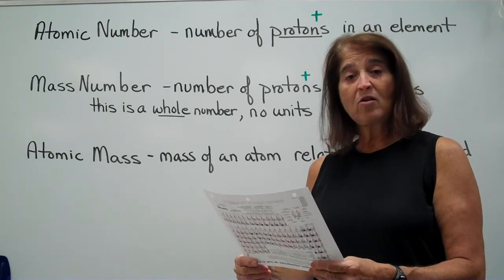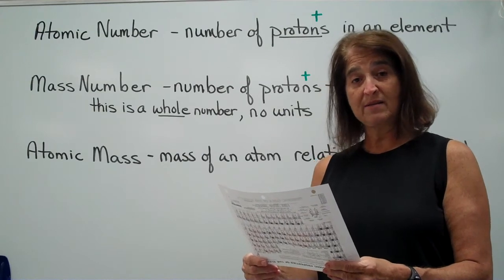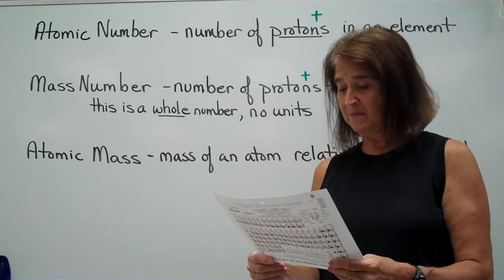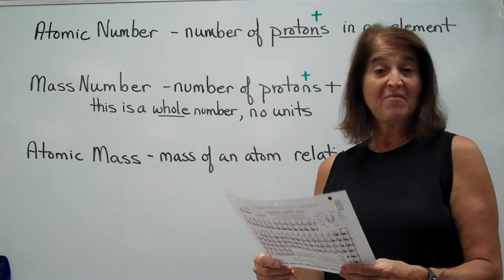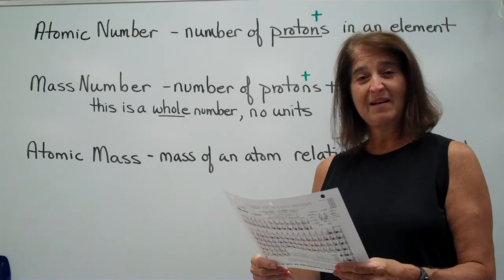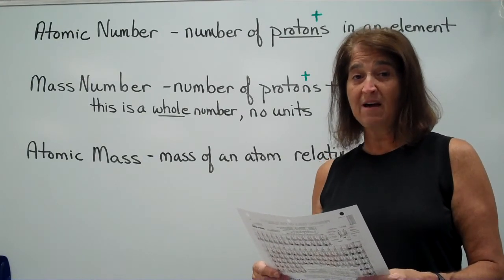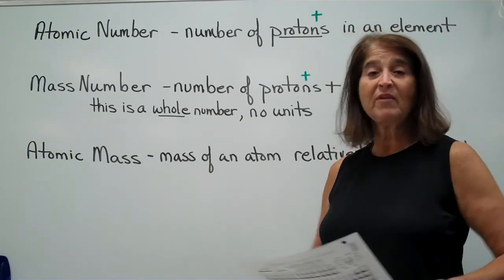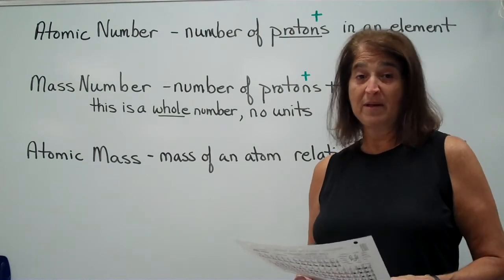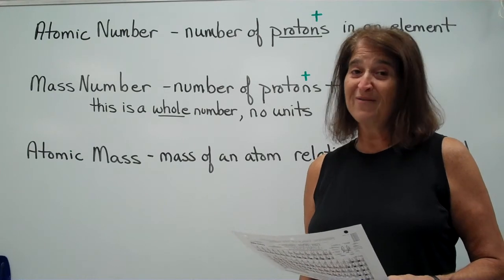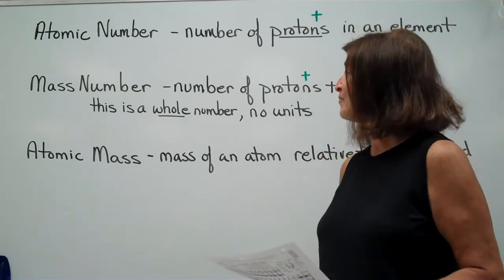Carbon has 6 protons, and the neutral carbon atoms have 6 electrons. Aluminum has 13 protons. So the atomic number tells you the identity of an element. The atomic number for an element does not change. If you change the atomic number, you have a different element.